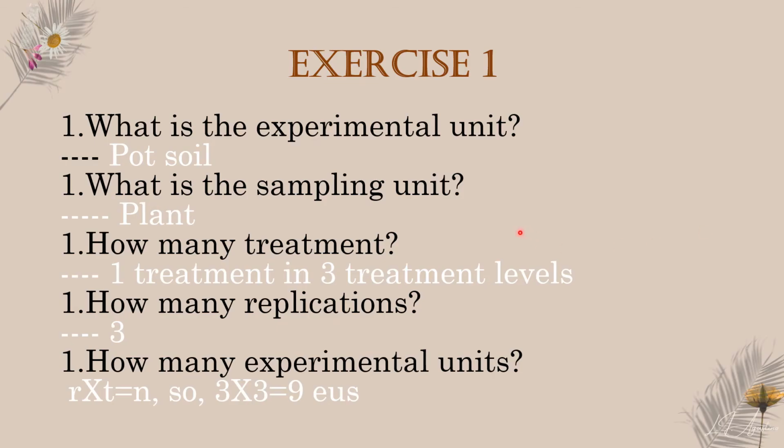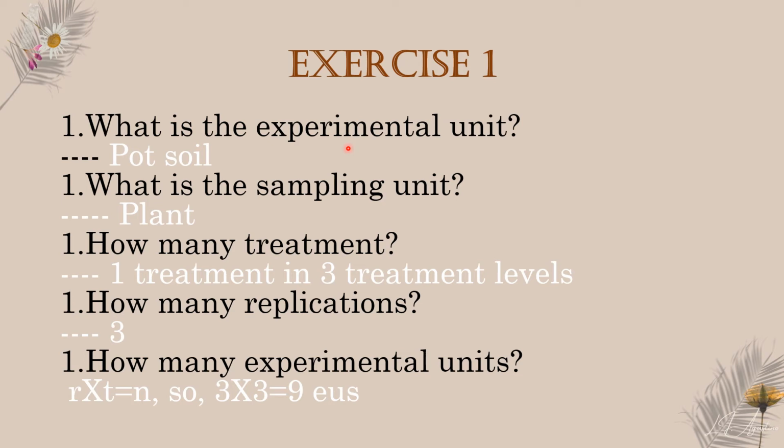So exercise 1. What is the experimental unit? Our experimental units are the water pots, or the plant pots, because you have poured your water in there. And then what is the sampling unit? Because we have taken the plant height, we have the plant. And then how many treatments?